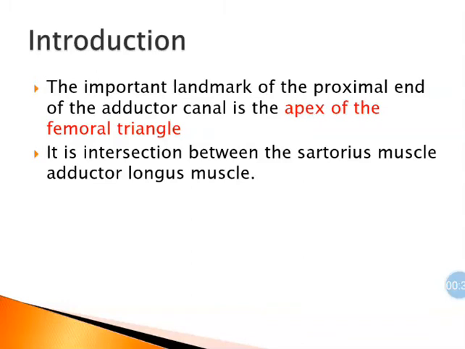The important landmark for the proximal end of adductor canal is the formation of apex of femoral triangle. The apex of femoral triangle is formed by the intersection between the sartorius muscle and adductor longus muscle. At this place, the sartorius muscle crosses over adductor longus muscle.